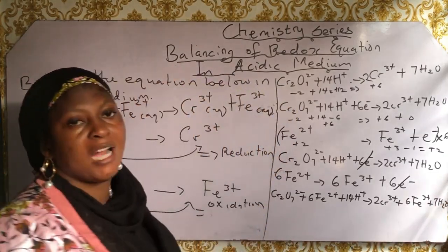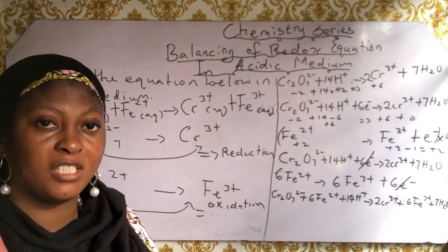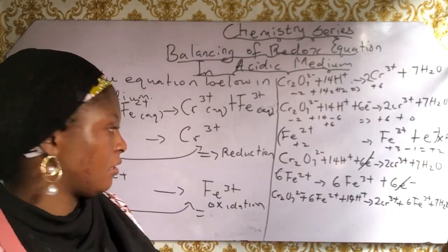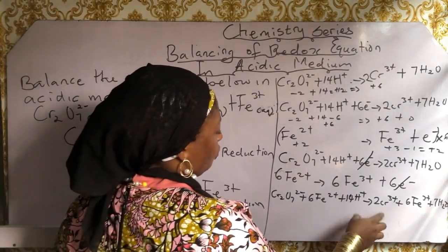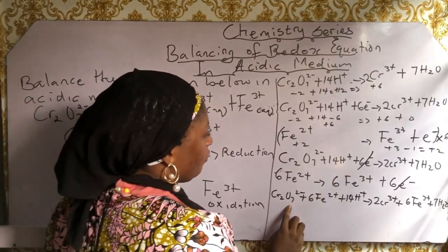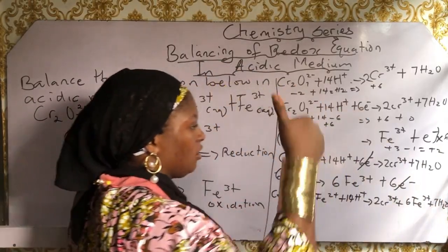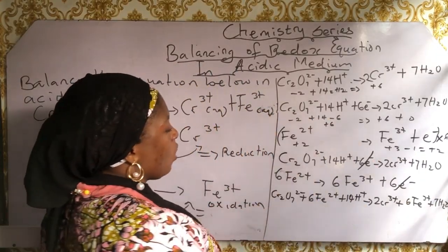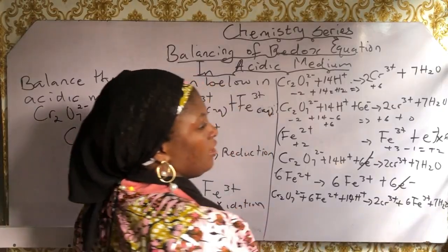Let's do an atom count and check the balance of charges. We have 2 chromium, 2 chromium, balanced. We have 7 oxygen, 7 oxygen, balanced. We have 6 iron, 6 iron, balanced. We have 14 hydrogen, 14 hydrogen, balanced.